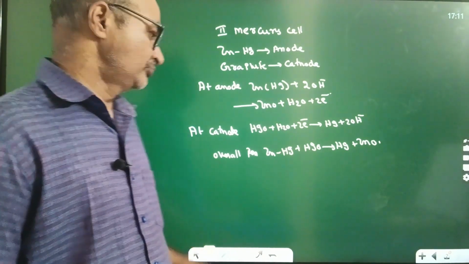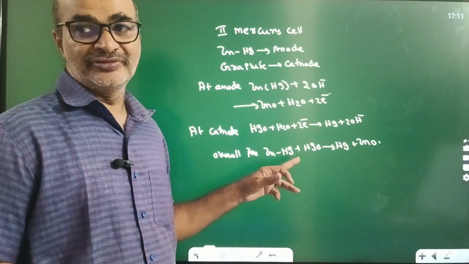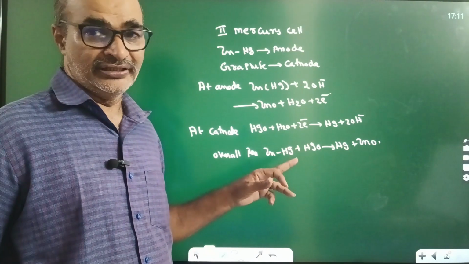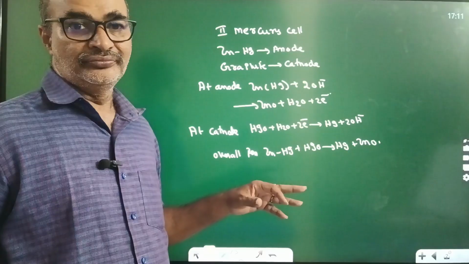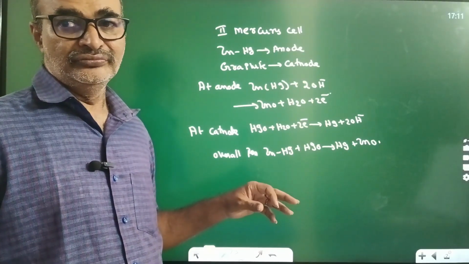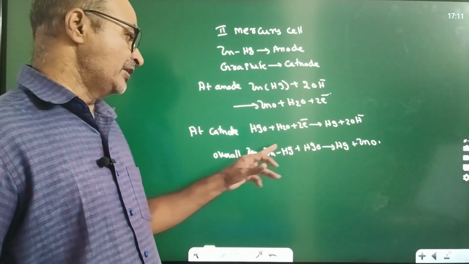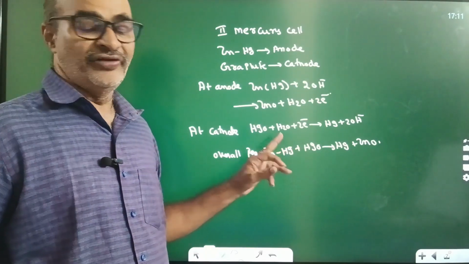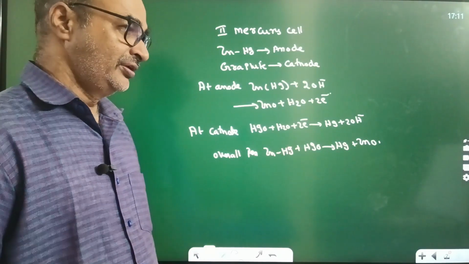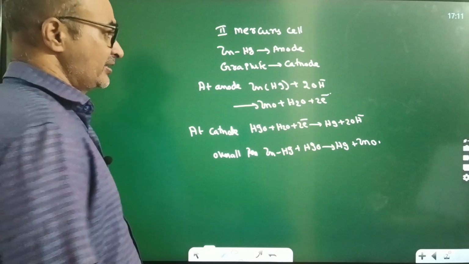This cell maintains steady current and steady voltage, since no ion is found in the final equation. Okay, next, secondary cells.